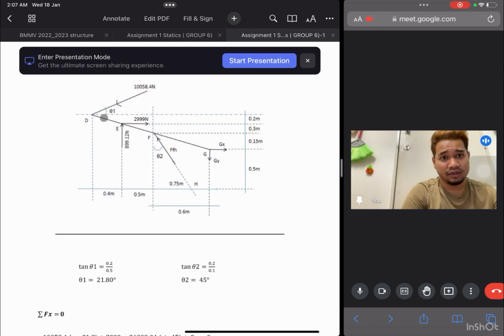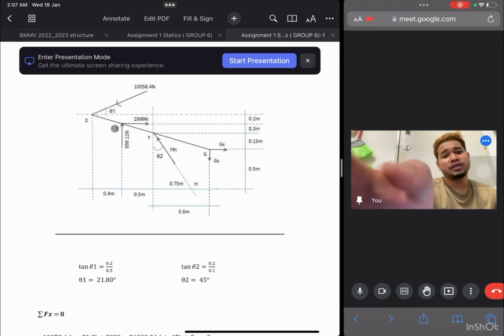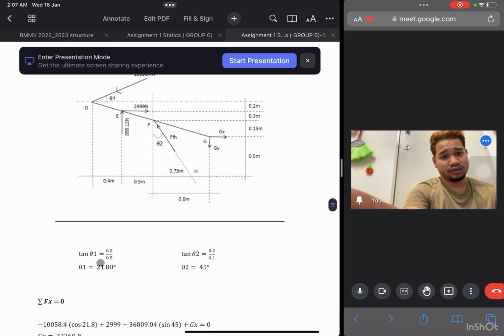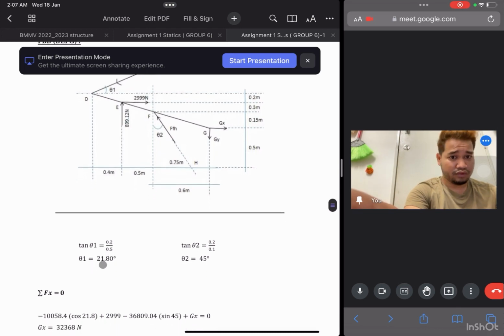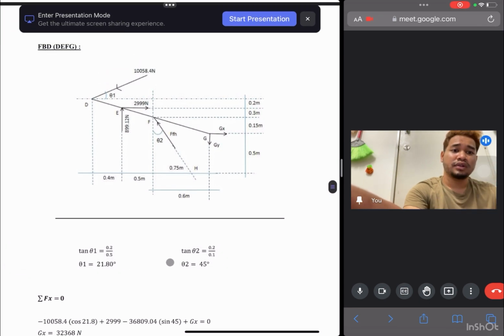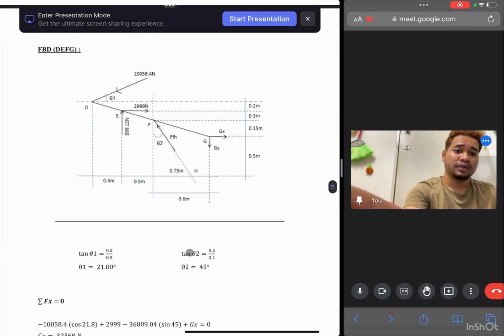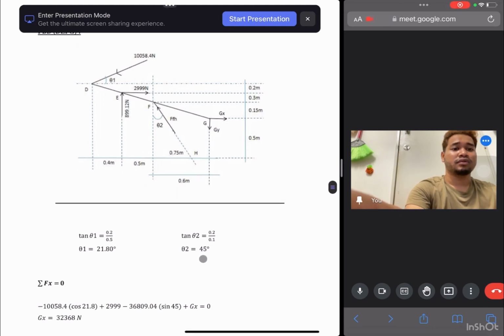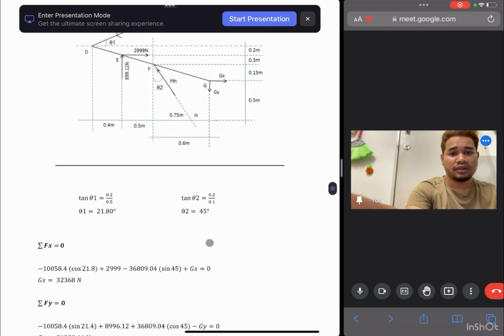The first one, tangent theta 1 equal to 0.2 divided by 0.5. We got the theta 1 21.8. So the theta 2 tangent equal to 0.2 divided by 0.1. So we got the angle theta 2, 45 degrees.